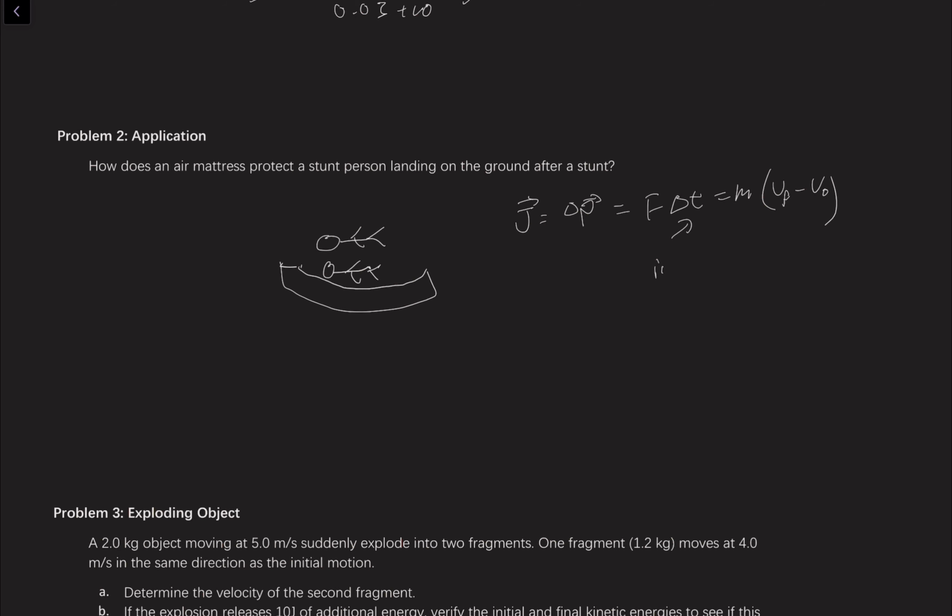When this increases and this stays constant, momentum stays constant, then this must decrease. Since the amount of force acting on an object decreases, it will potentially save a person's life.